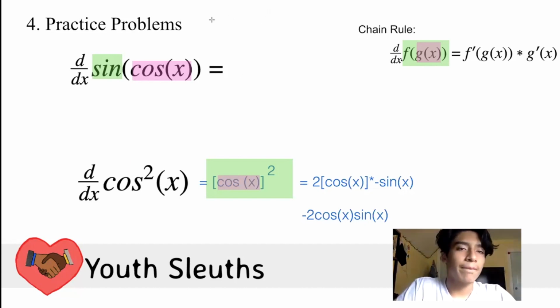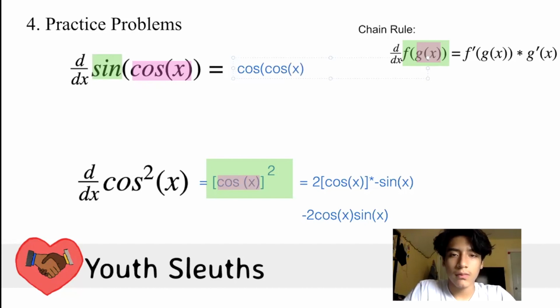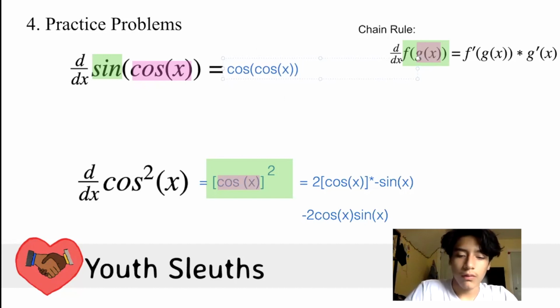All right. So first thing we're going to do is find the derivative of sine, so we do according to the chain rule. Right, so the derivative of sine is cosine. And so we just leave the inside, cosine of x. And then we find the derivative of the inner function, which is negative sine of x.